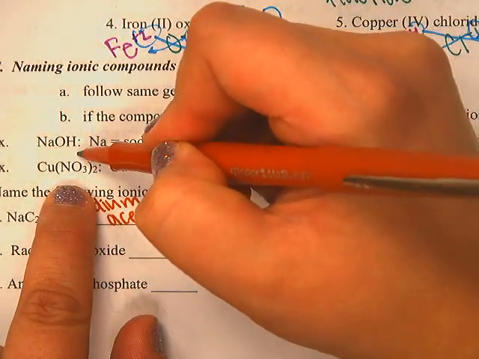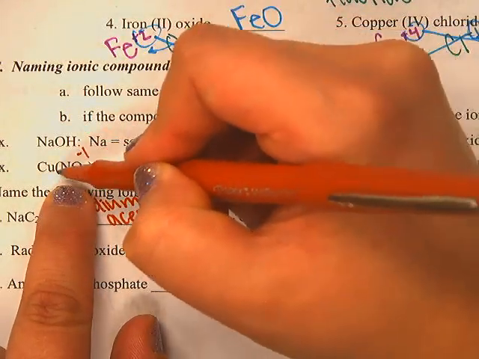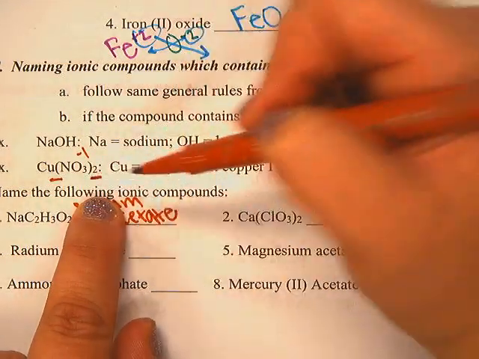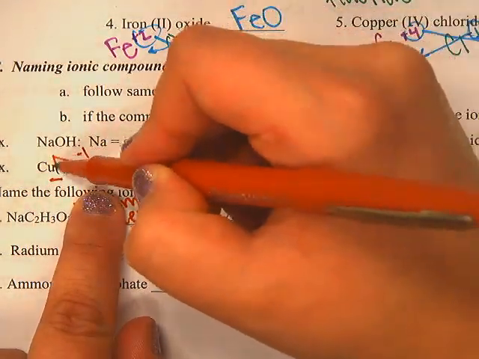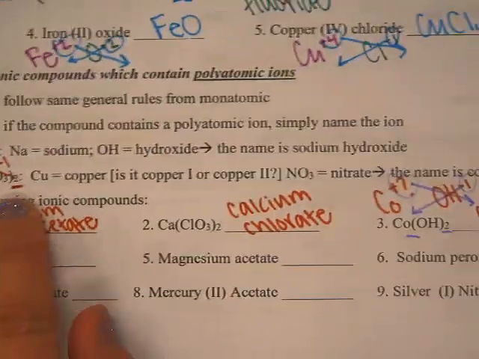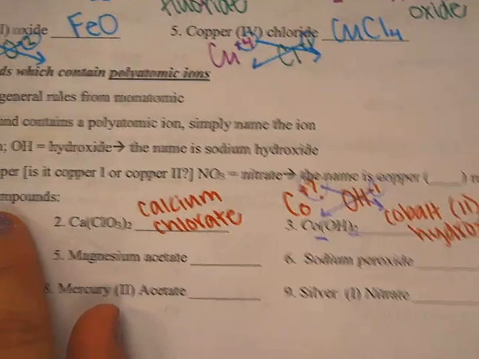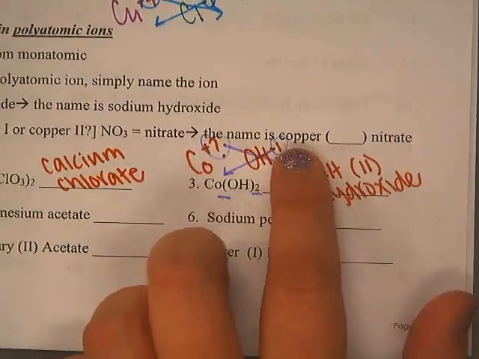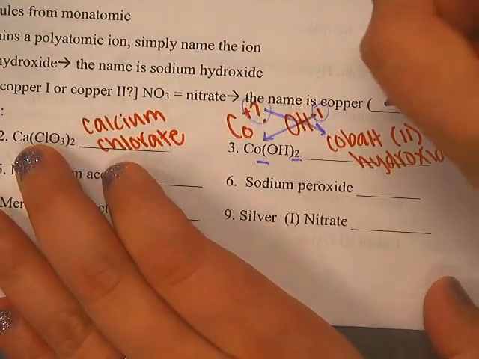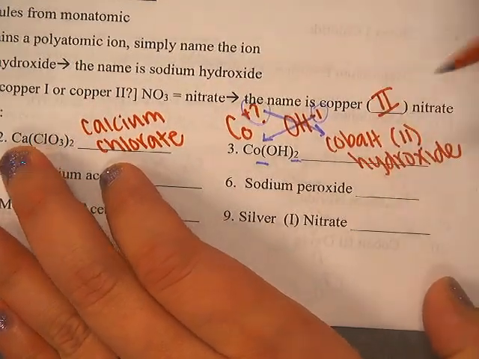Nitrate, according to my polyatomic ions chart, has a -1 charge, and since that does match what's down here, then you can trust that this is the actual oxidation number of copper. So since I know that copper in this case would have a charge of +2, I would call this copper 2 nitrate in my example.